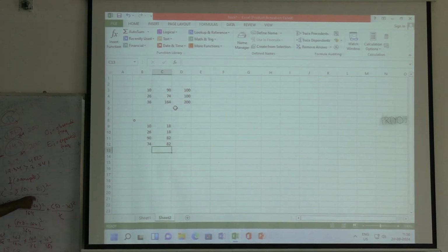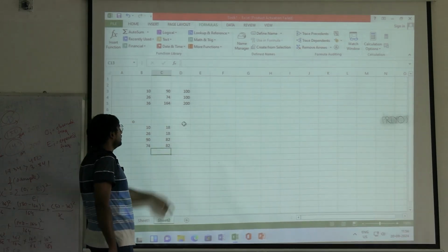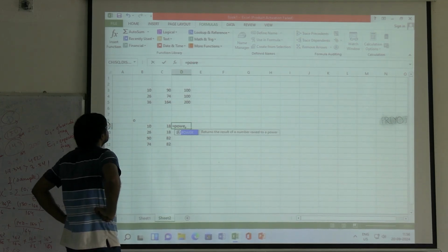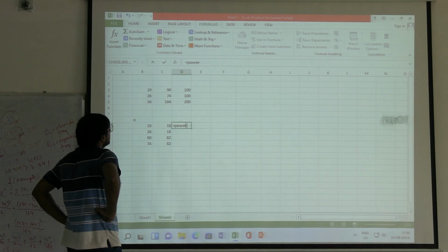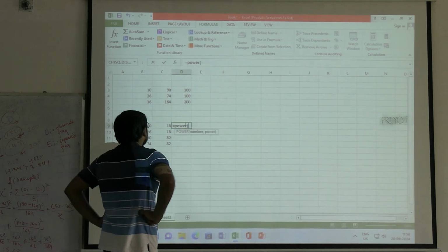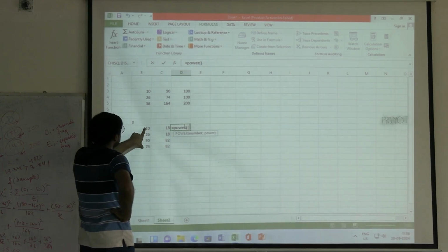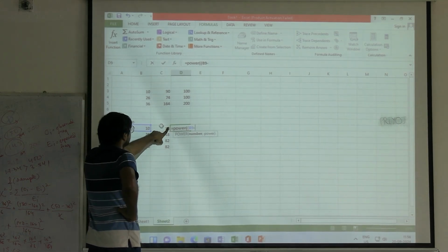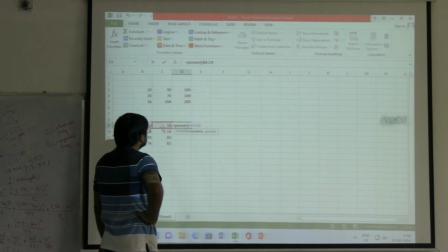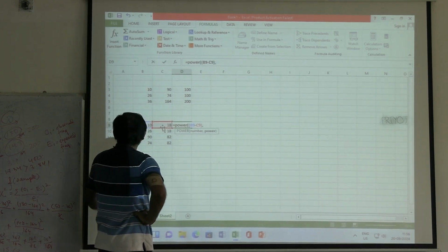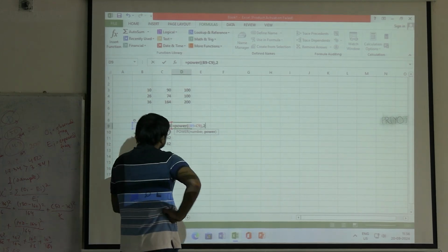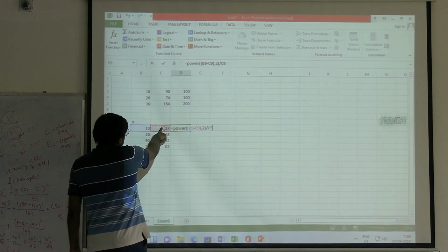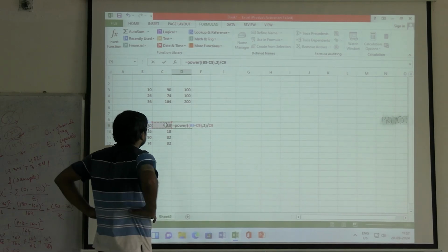What is the next step? (OI minus EI) squared divided by EI, correct? Just do is equal to here, bracket, another bracket, click on this, minus this, close the bracket, comma, we have to do square so 2, bracket close, divide by this, enter.